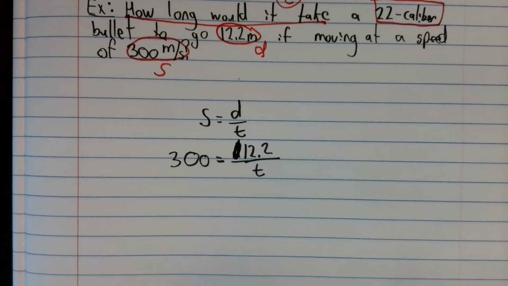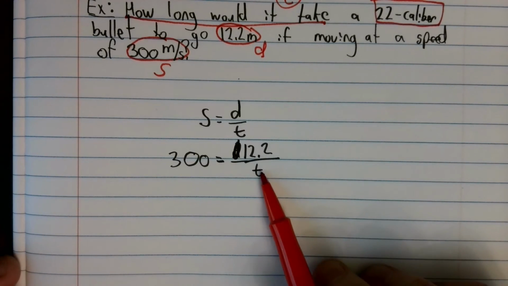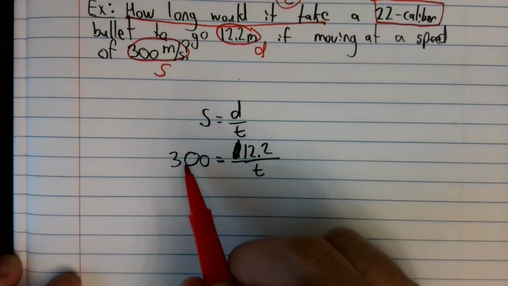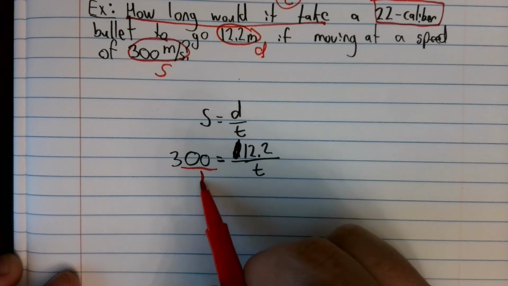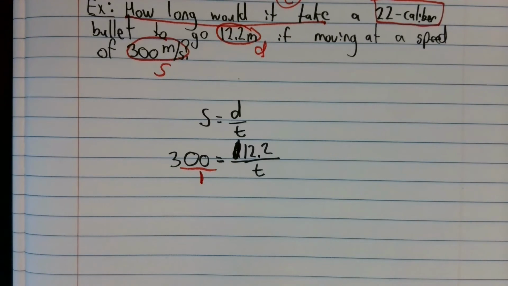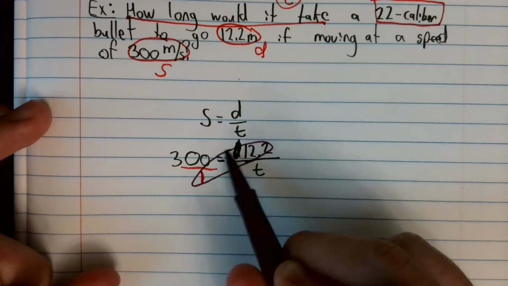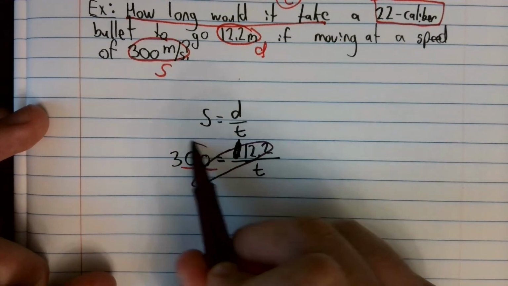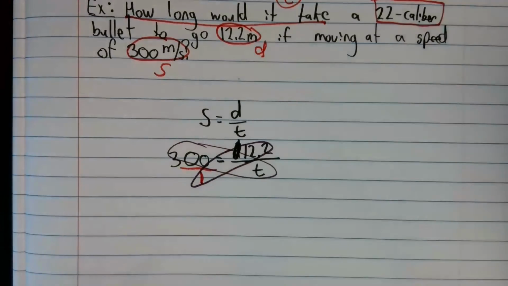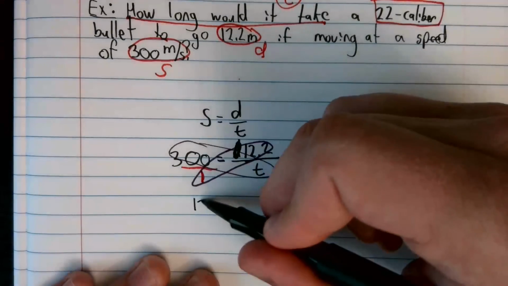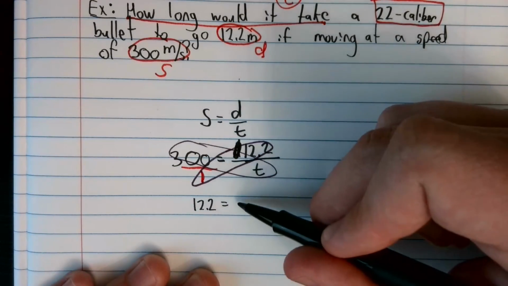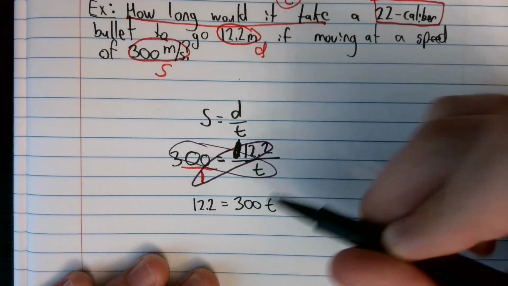From here, we got to get T by itself, so we will cross multiply. To cross multiply, I like to put a 1 underneath there, and then you multiply diagonally. It's 1 times 12.2 and 300 times T. So that's 12.2 equals 300T.